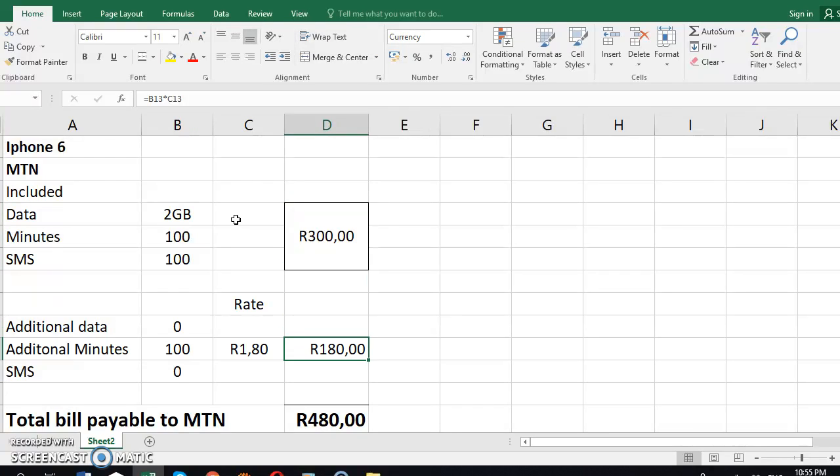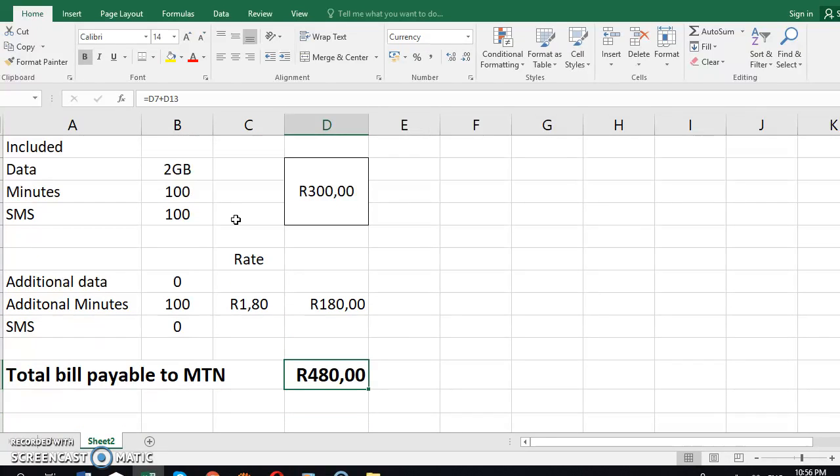And then in my latest bill, I never have to use any additional data because I have Wi-Fi at home. I never have to use SMS because I never run out of SMSs. But I had to buy additional minutes, and that comes to 180. So the total bill payable to MTN was 480.